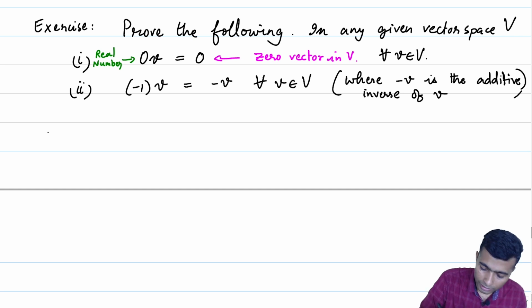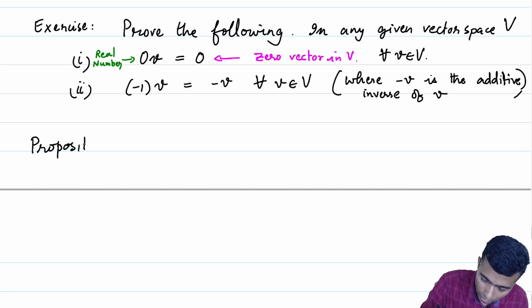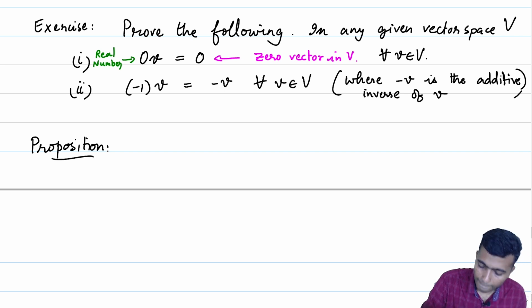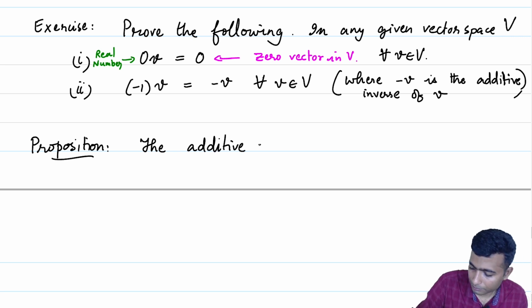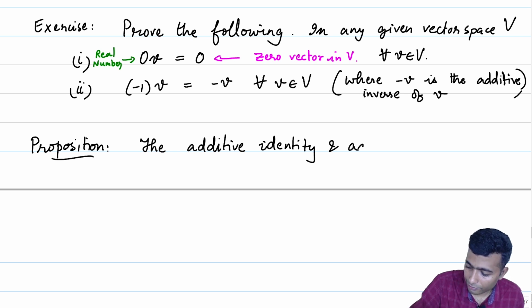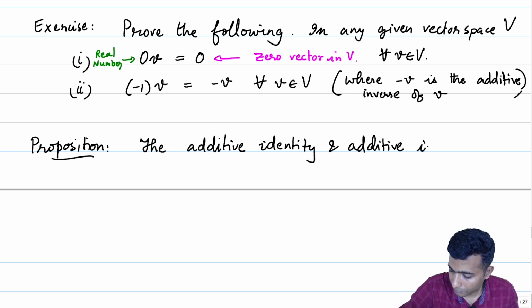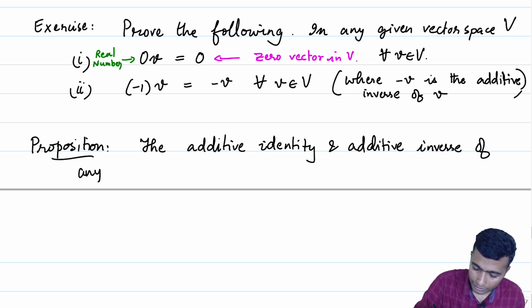So, to do that, let us do one thing before we go into other examples or other exercises. Let us prove the following: the additive identity and additive inverse of any vector is unique.